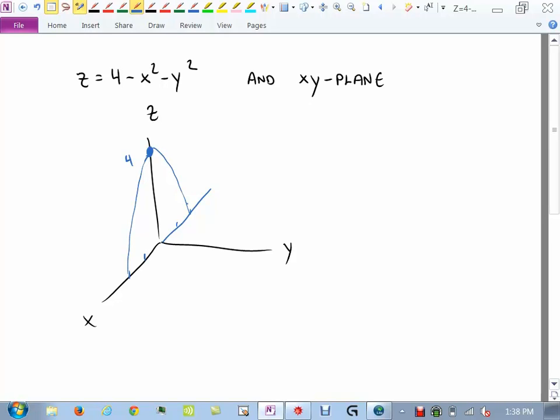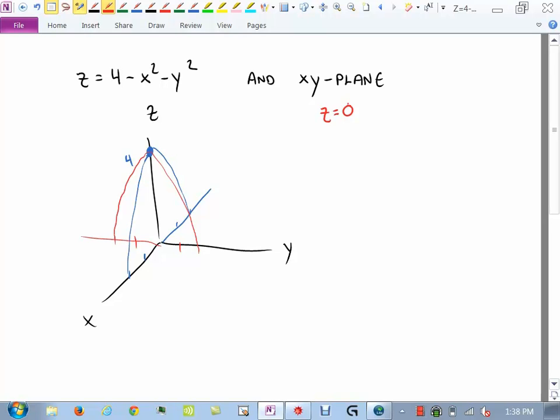And what if x is 0? Same thing, except you get parabolas in the yz plane, so it would look like this. And then if you put everything together, you get this paraboloid. Now I want to know the volume between that paraboloid and the xy plane. The xy plane is the same as saying what? z equals 0.